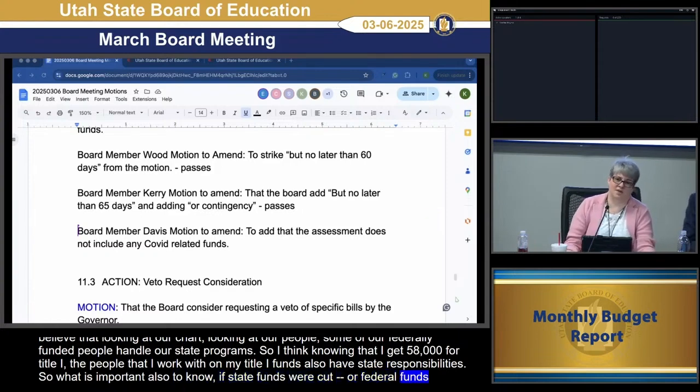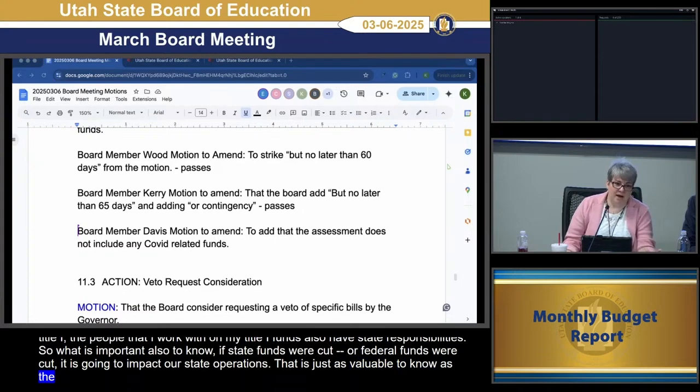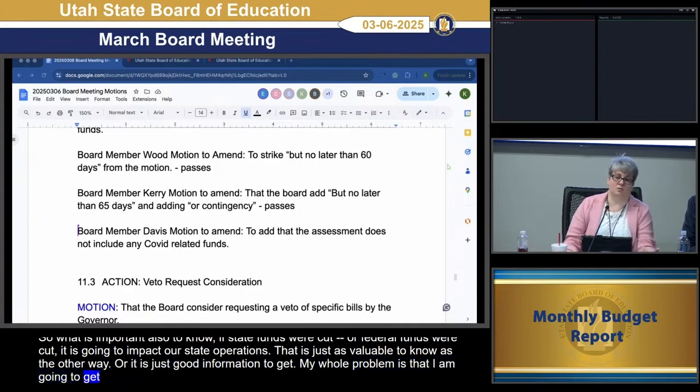So that's just as valuable to know as the other way, or it's just good information to get. My whole problem is that we are going to get called up to rules on laws that are passed by our state legislature if we don't implement them.